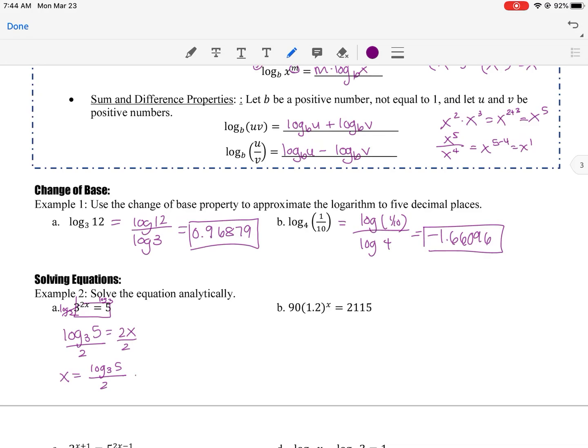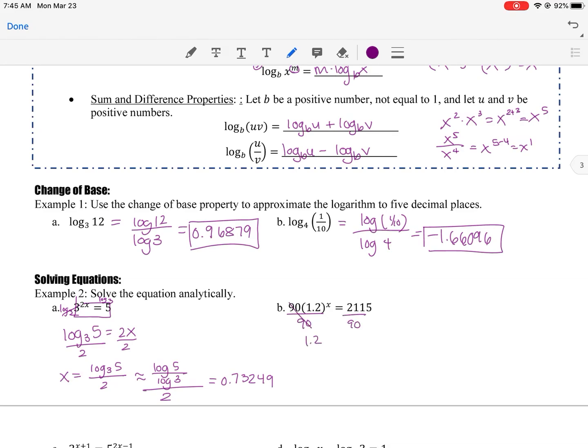A lot of times you can just leave it like that, but if you did want to approximate it, you would have to do log of 5 divided by log of 3, and then I'd recommend just hitting enter, and then divided by 2 is probably the easiest way to do it in the calculator. When you do that, you get approximately 0.73249.